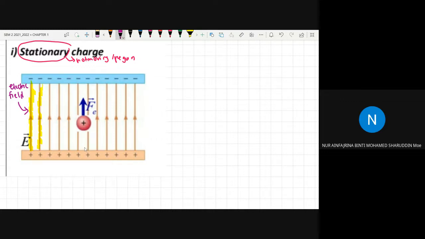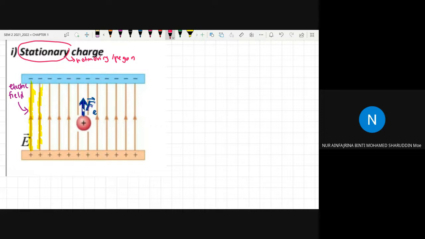Negative. Very good. Sebab bila dia attracted to negative charge, sebab itu dia punya electrostatic force dia adalah ke atas. Ini negative plate and ini positive plate, jadi positive charge ni akan attracted to negative plate.